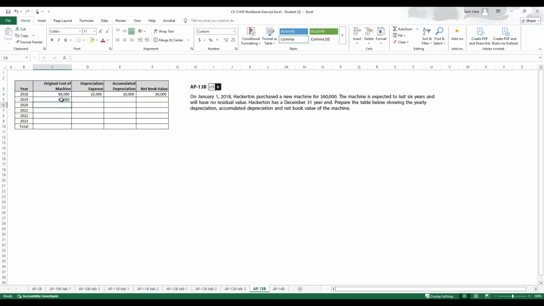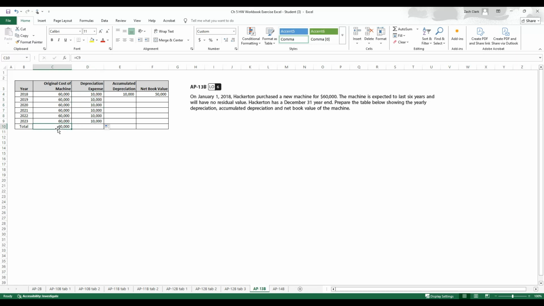Okay, and then the second year and all subsequent years after that, I'm just going to drag this down to show that it's $60,000. The cost of the machine never changes. We can just do this same formula and drag it down as well, because the total depreciation expense is just the same. We're using that straight line method, so it's just $10,000 every year.